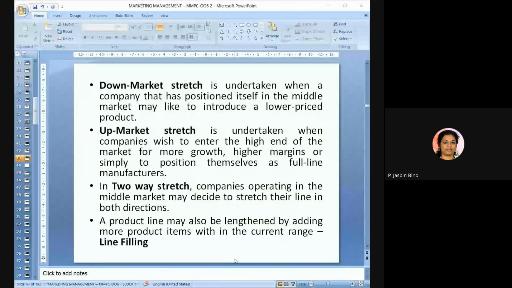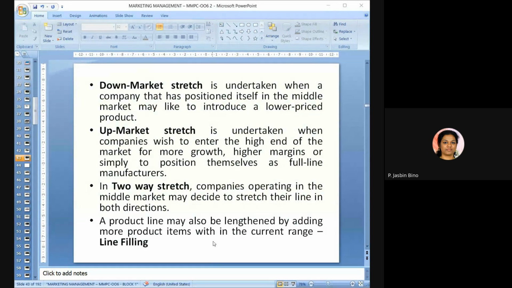Normally they will be entering a high end market. Their main concentration is for more growth. They will be having good growth in that market and good margins. So to position themselves as a full line manufacturer, they will prefer this upmarket stretch. Then in two-way stretch, companies operating in the middle market may decide to stretch their line in both directions, down market stretch as well as up market stretch.